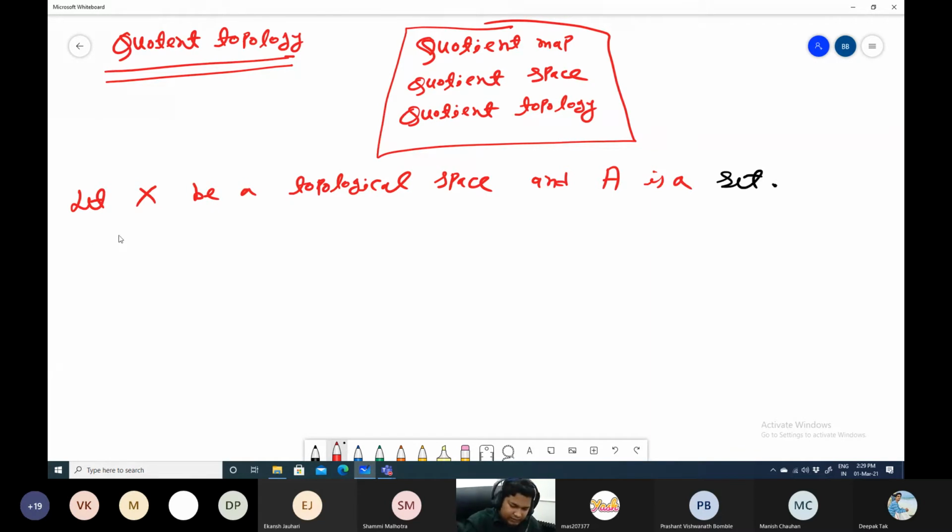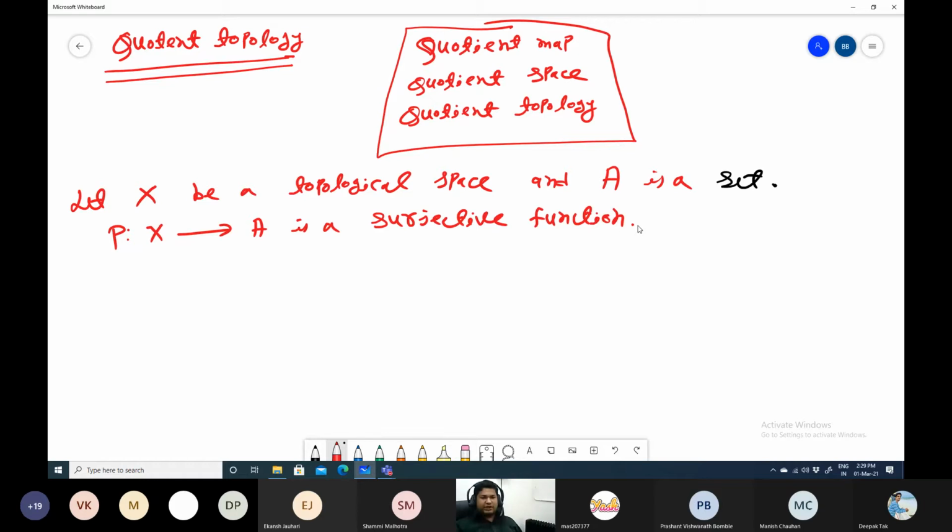And P: X to A is a surjective function. Again, we are not saying that it is continuous. Why can we not say P is continuous? Because A does not have any topology. So therefore you cannot say anything about the continuity of P. Right?